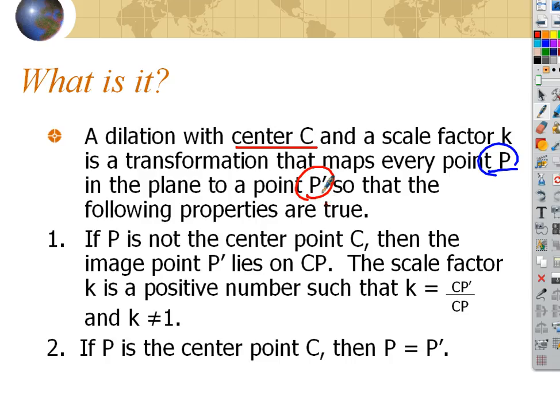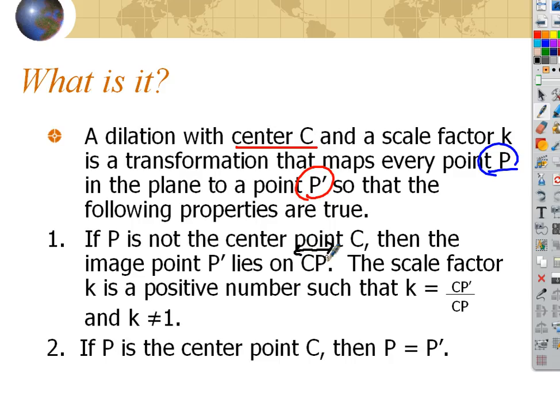And then we end up at P prime, which will be red in all the cases. If P is not the center of the dilation, so it's not sitting right on that point, then the image point P prime is going to lie on the line CP. And we'll see that also.